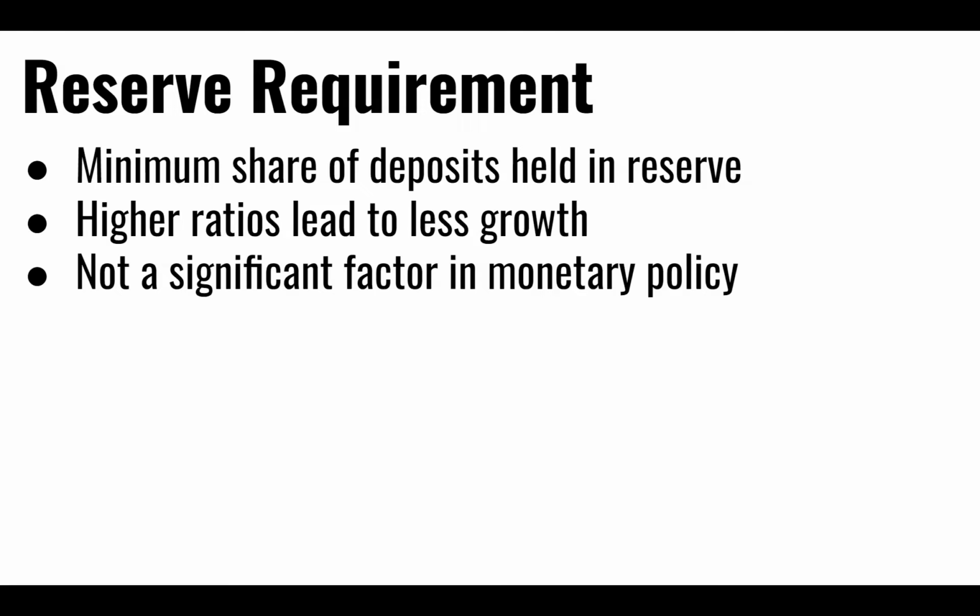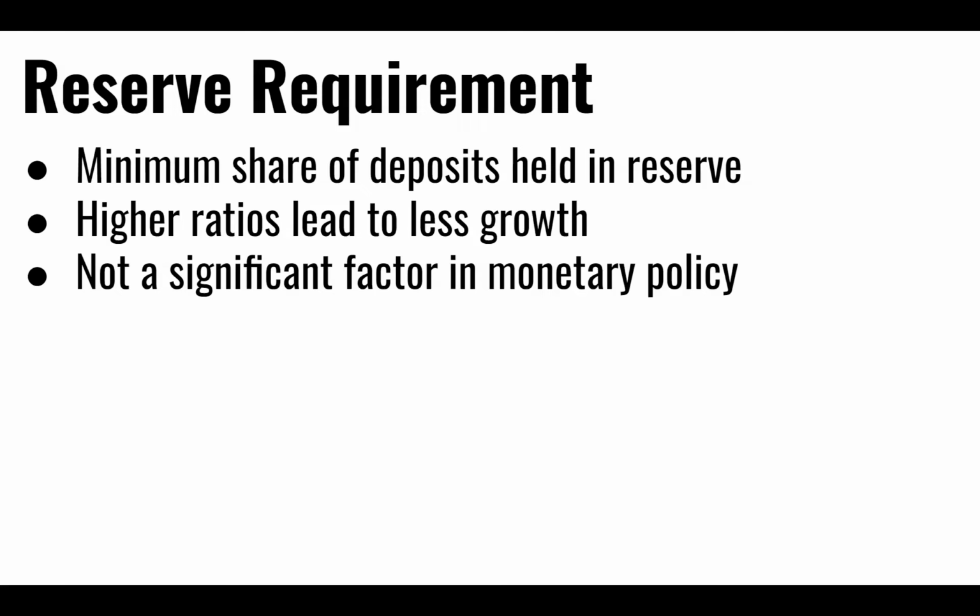Another traditional tool that the Federal Reserve had at its disposal was the reserve requirement. They used to require that banks kept a certain percentage of all deposits on the bank premises at all times in order to provide liquidity to depositors who wanted to withdraw some of their money from time to time.